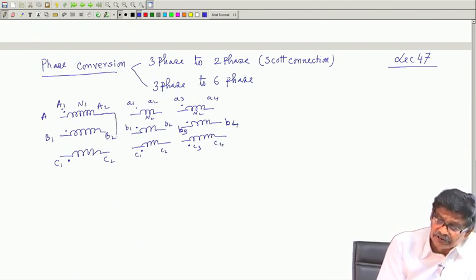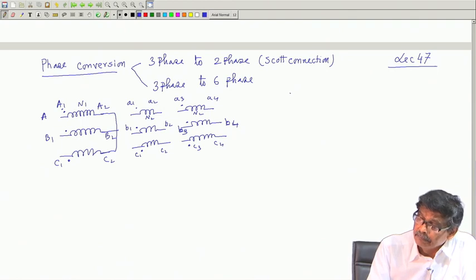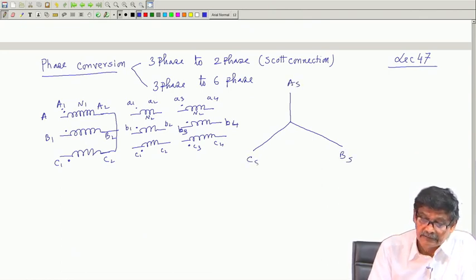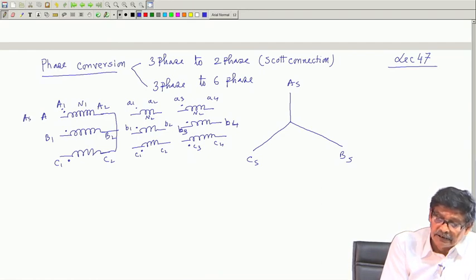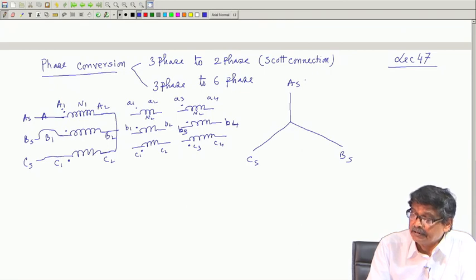And what you do is connect this in star. I know the phasor diagram. The phasor diagram on the primary side will be the supply AS, BS, CS, and AS is nothing but A1, B1, C1, and this is A2, B2, C2.